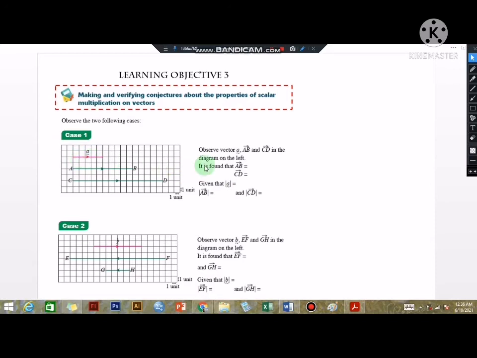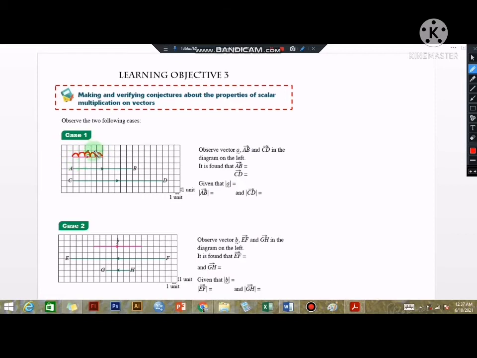So it is found that vector AB is equal to what? Let's look at this one. This one is 1, 2, 3, 4, 5, isn't it?